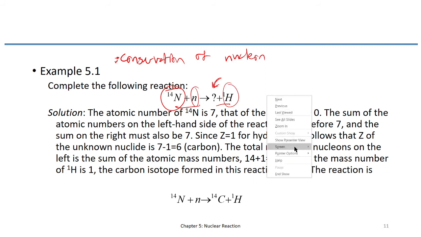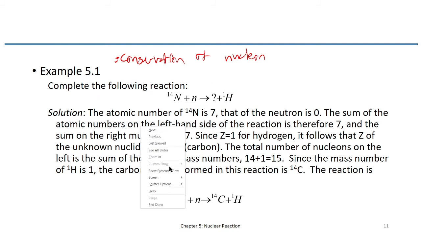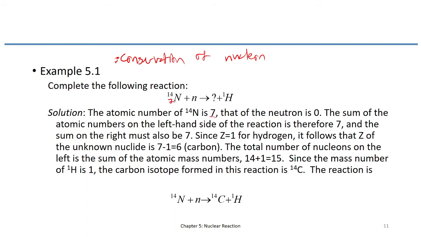Let me clear the screen first. So the atomic number of nitrogen is 7. And neutron is not a nucleus, so it's 0.